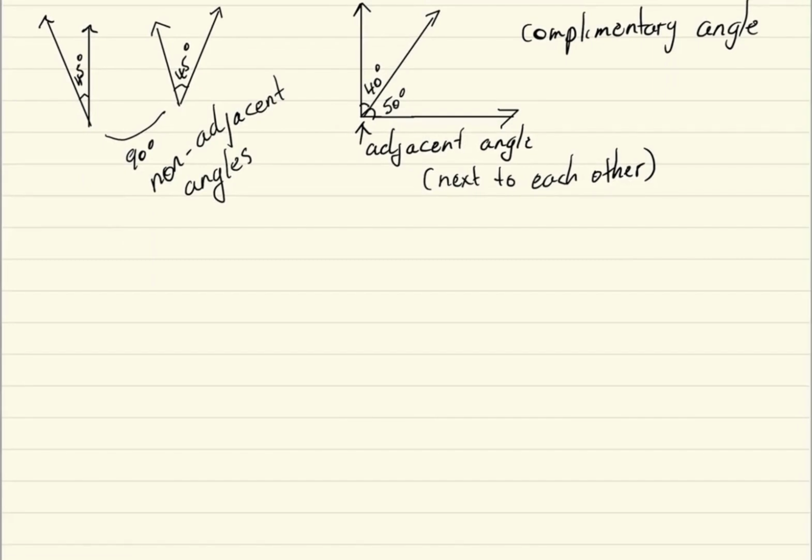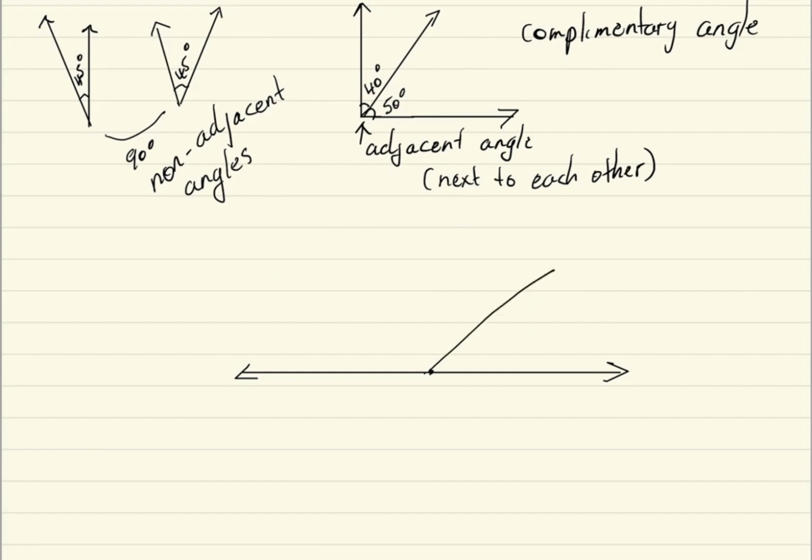So we're going to talk about supplementary angles. These are angles that sum to 180 degrees. So let's, for instance, draw one here. Let's say we had something like a straight line. Say that this is the midpoint.